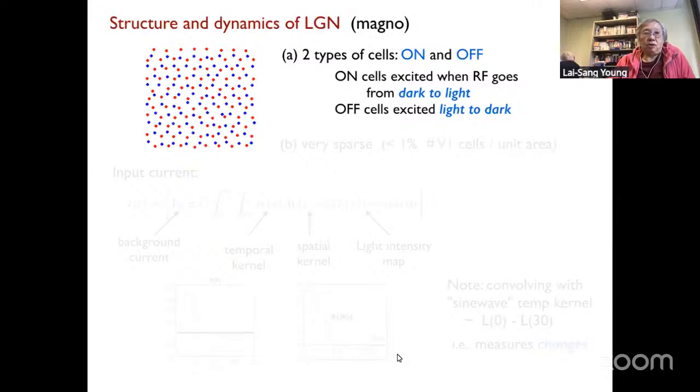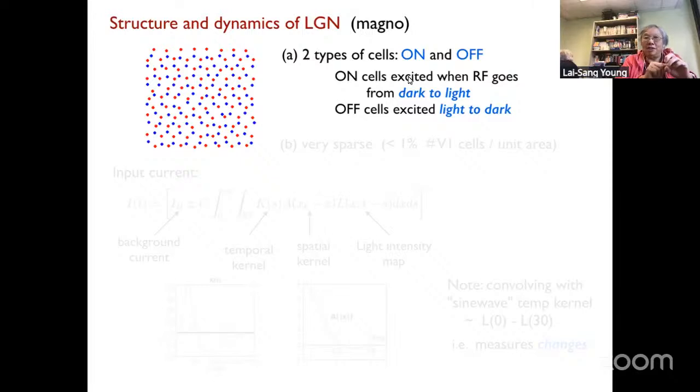Okay, the structure and dynamics of LGN. LGN has many layers, so I'm talking about one layer in this one particular pathway. I'm just talking about one layer of LGN and one layer of cortex, because that's complicated enough for me. LGN has two types of cells, on cells and off cells. Each cell, of course, doesn't see anything, but it's sensitive to a tiny region in your visual field.